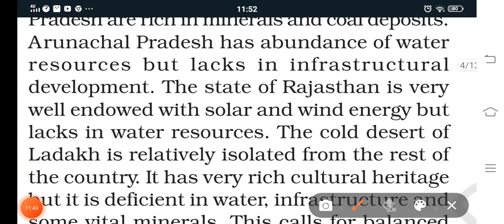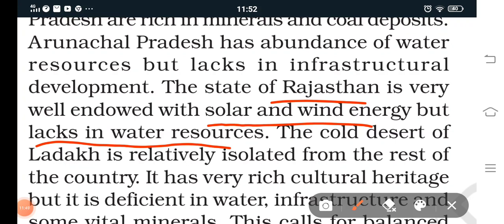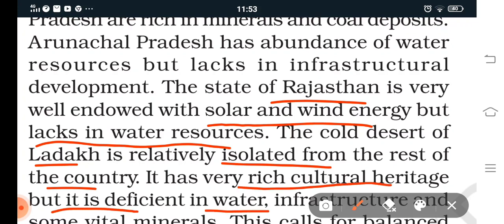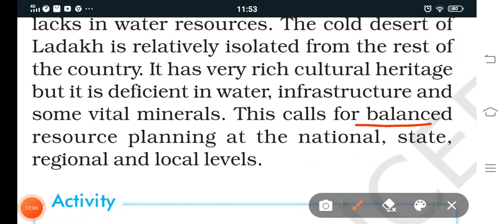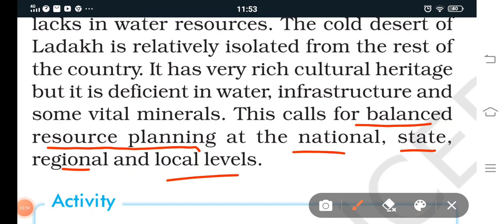Also, the state of Rajasthan has a lot of good solar and wind energy but it lacks water resources. Ladakh is isolated from the rest of the country, though it has a very rich cultural heritage, but it does not have water and infrastructure and also some vital minerals. Therefore there should be balanced resource planning at the national, state, regional and local levels.